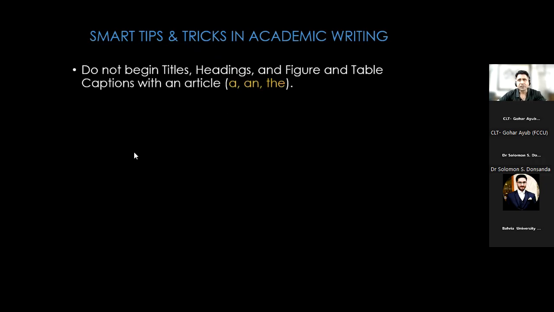So, smart tips and tricks in academic writing. Do not begin titles, headings, and figure and table captions with an article: a, an, the. You can take pictures if you want. These are very smart tips. It will make your review process very easy, because I have seen, and many people have seen, that most of the research manuscripts are very good in academic quality, but they make certain errors.